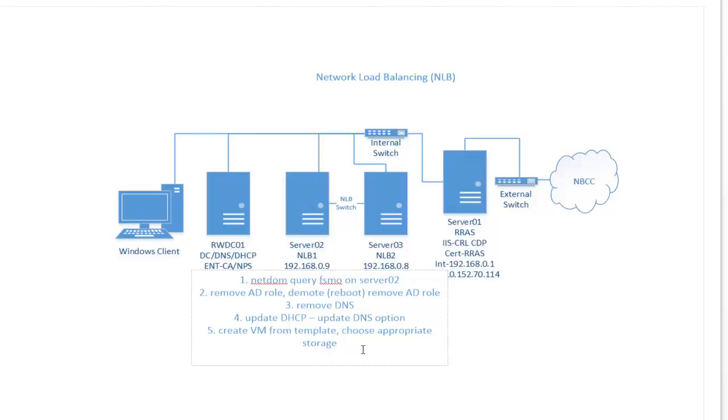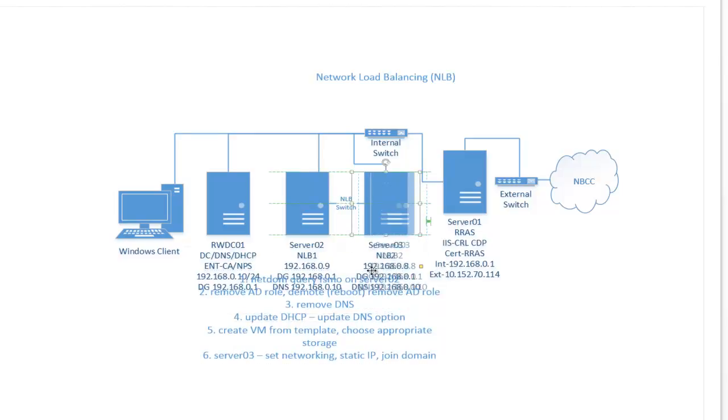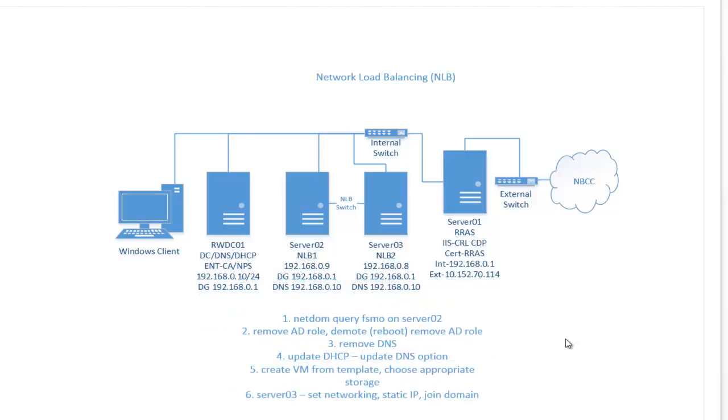Once you have that running, you need to modify it. So for server 03, set the networking: attach it to your internal network, give it a static IP, and join your domain. Once you have that all done, you should be able to start the lab. All of this is required before you actually begin network load balancing.